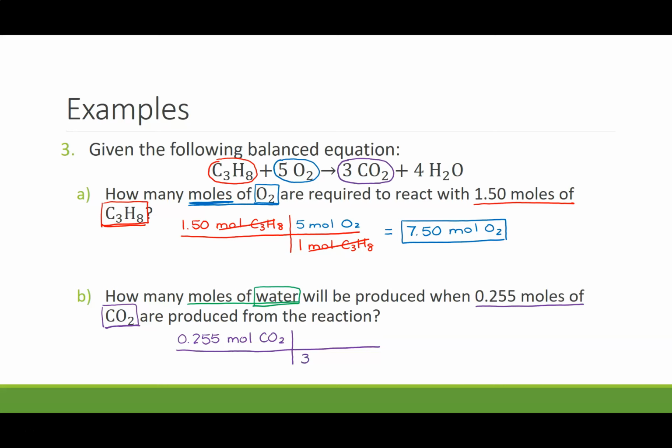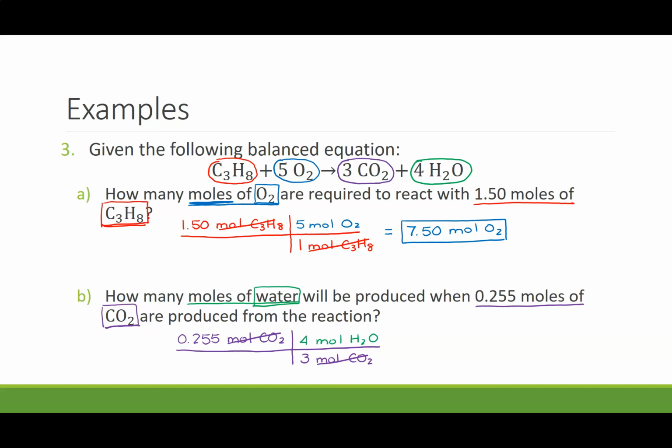So we'll write 3 moles of CO2 in the bottom. Again, we would write it on the bottom because we want to cancel moles of CO2. The coefficient in front of water, H2O, is 4. So 4 moles of H2O will be written on the top.